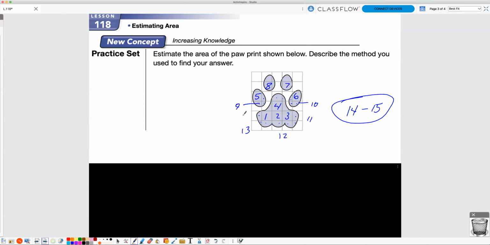So that's it for today, guys. That's the one problem you have that you need to estimate. So I would say you could have estimated anywhere from 14 to 15 probably for the paw print shown below.